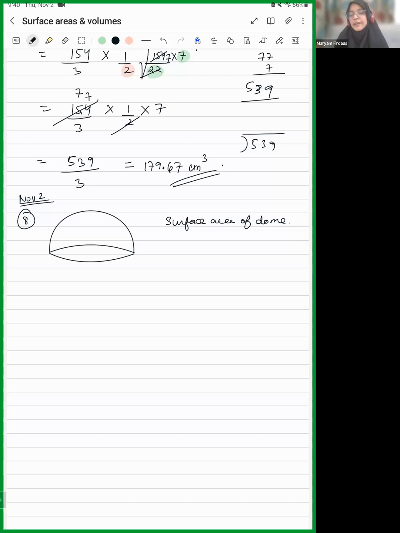Did you find it in your notebook? Ma'am, I didn't attend that class. Ma'am, the total surface area is 3 pi r square and the curved surface area is 2 pi r square.